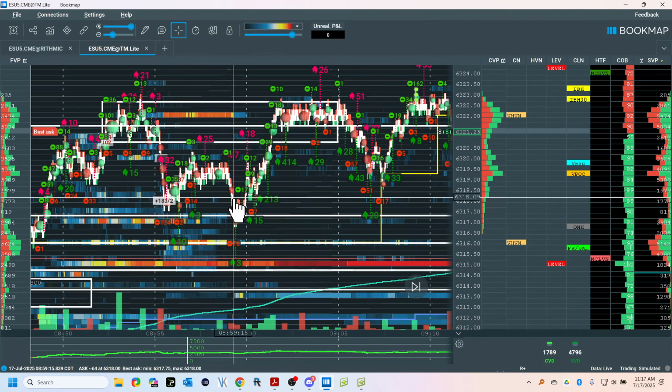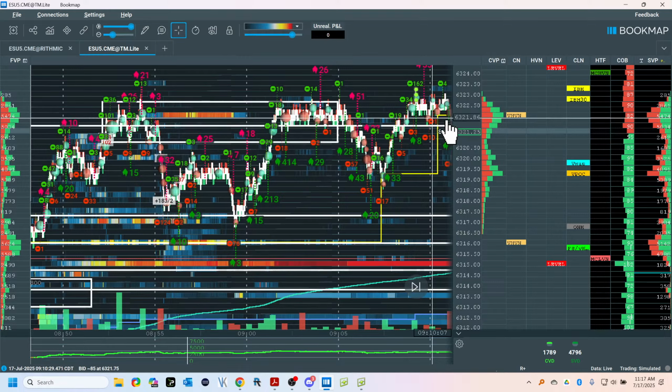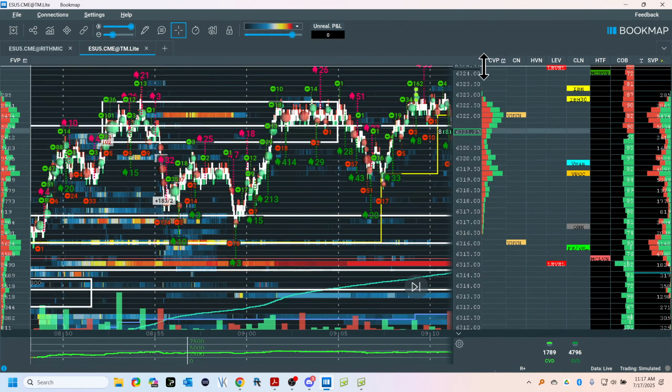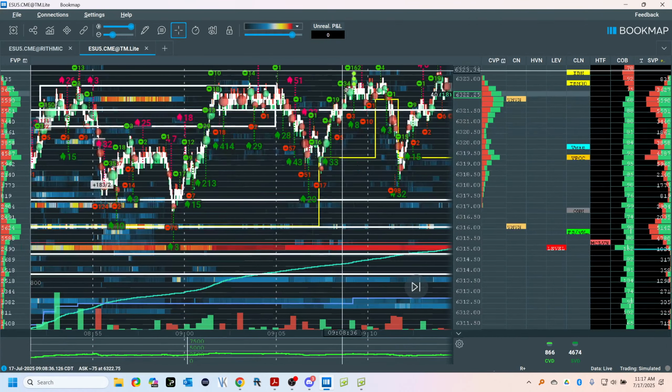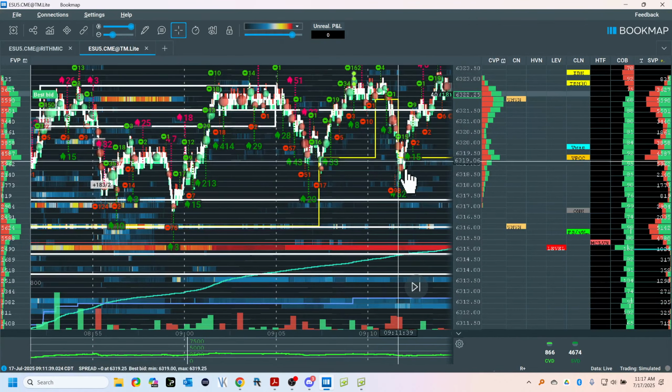This is fractal. Support. Support. Support. Resistance. Shift high. Support. Support. Back to here. So I'm only taking longs and I'm trading to this, to this.